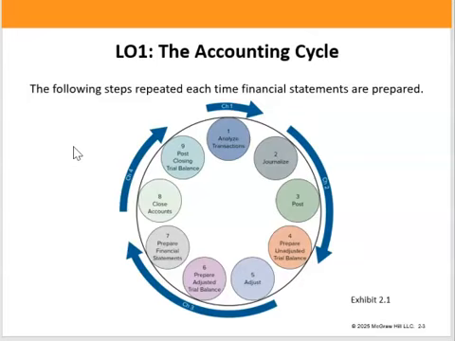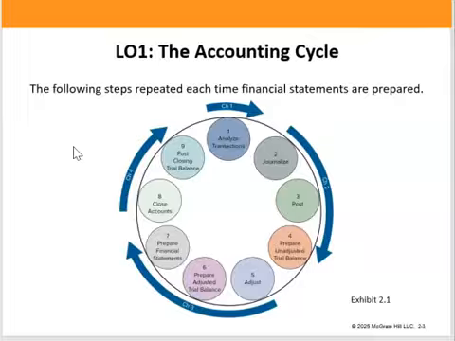So we analyze the transactions by figuring out what actually happened and making sure that something actually did happen. Then once we figure out what happened, such as you bought supplies and paid cash, okay? Then we have to record it, okay? And that's considered number 2 where it says journalize. Then we're going to post.